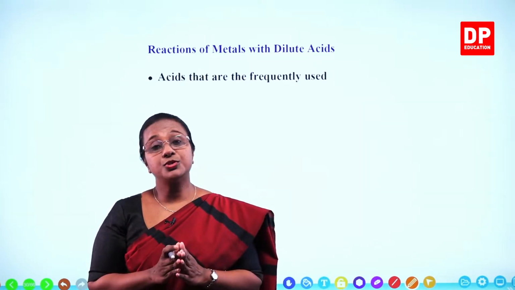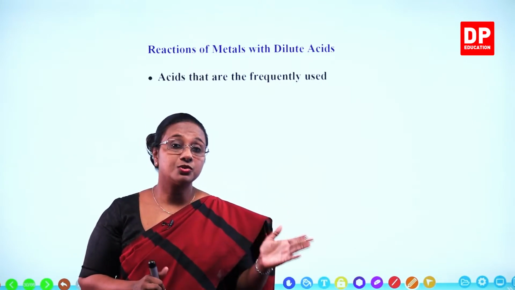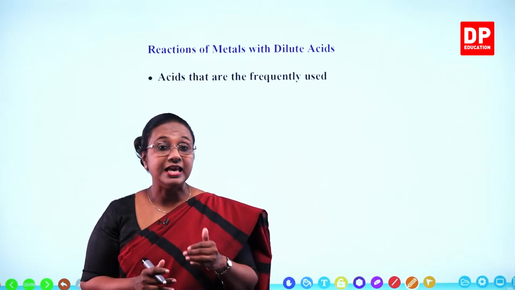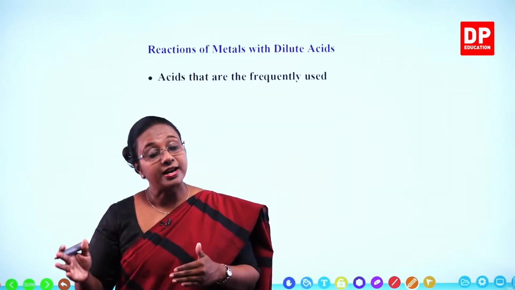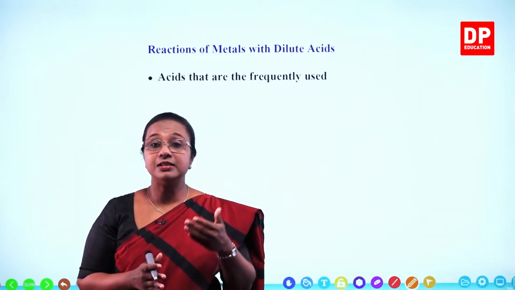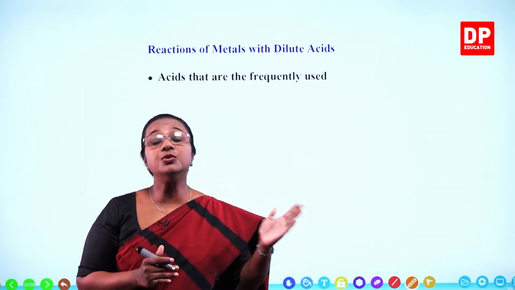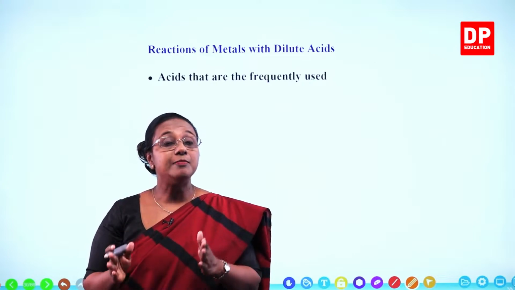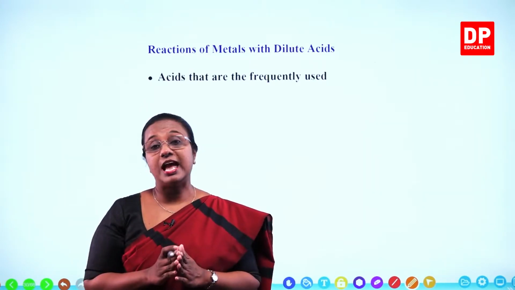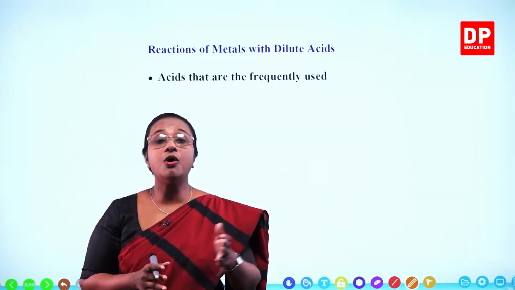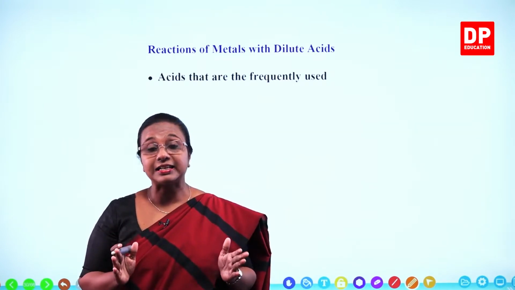So from all those observations, you can remember that metals like sodium, magnesium, react fast with air and water. Whereas metals like zinc, iron, copper, show moderate reactivity compared to sodium and magnesium. And metals like silver, gold and platinum don't react with either oxygen or water. So that is how the reactivities are.